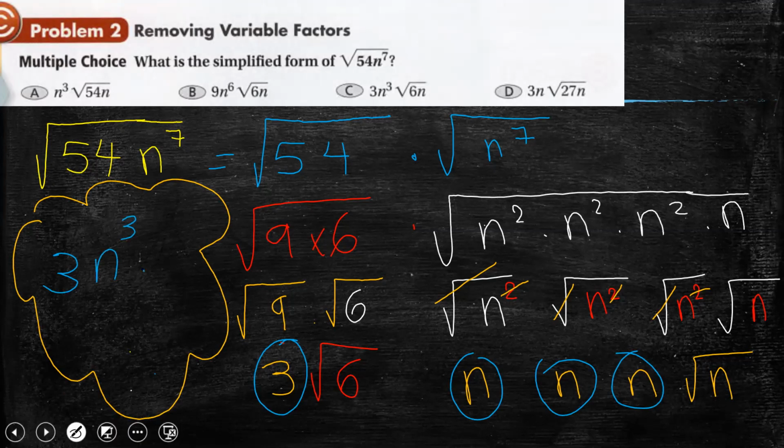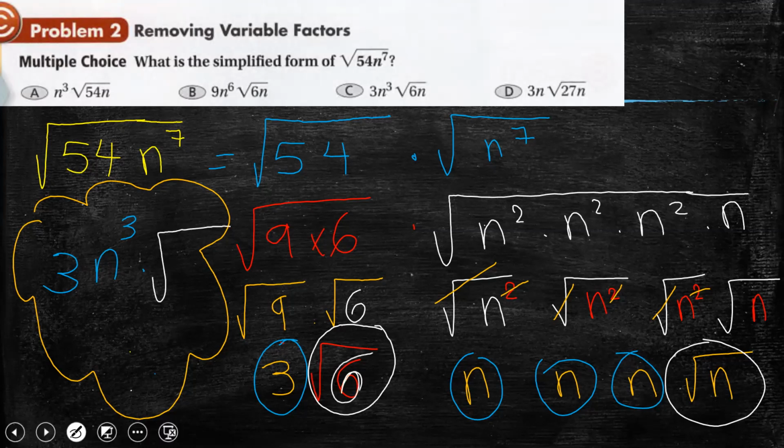Then let's now look at the numbers under the square root. What are these numbers? 6 and n: square root of 6 times square root of n. I will combine them in one square root, multiplying 6 times n.